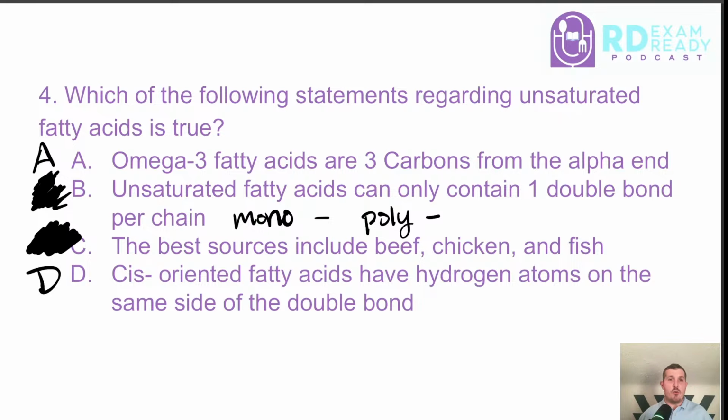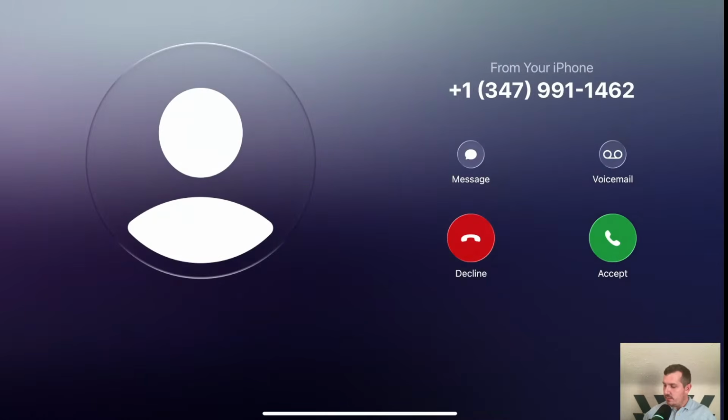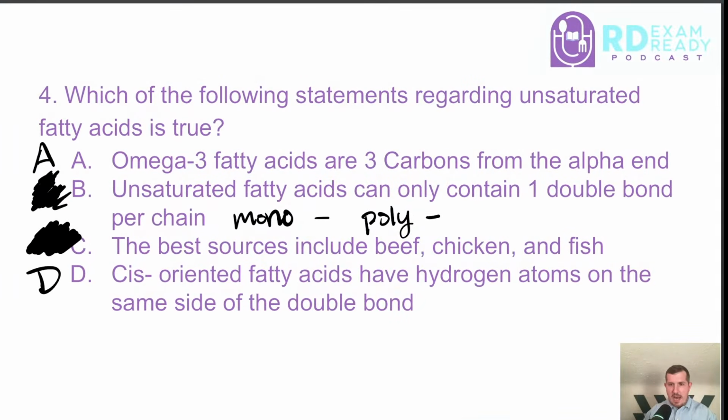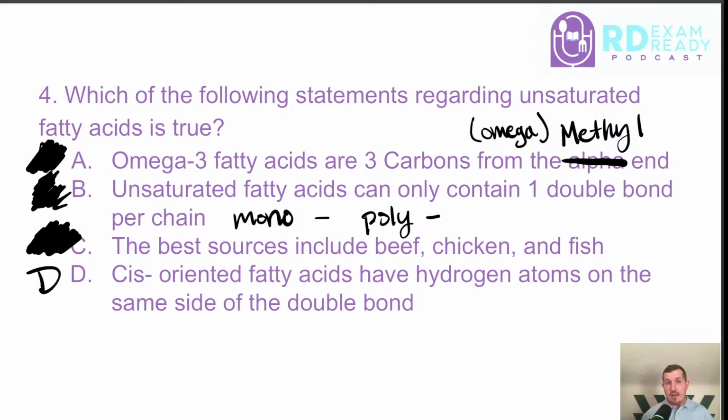Rather, when it says an omega 3, I think it's going to be three carbons from the methyl end. The methyl end is also known as the omega end. So I don't think A is going to be a true statement. I think we're going to have to rule that one out too. Meaning the only thing I have left here is the answer D.